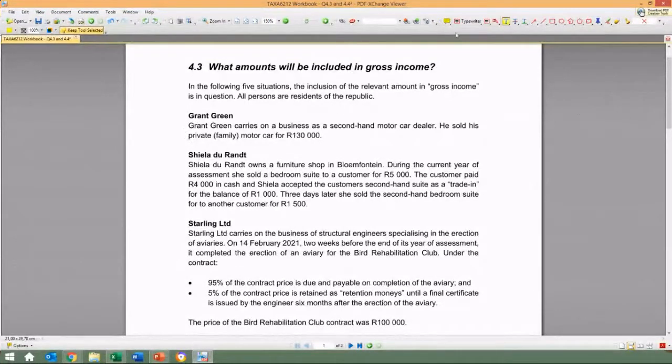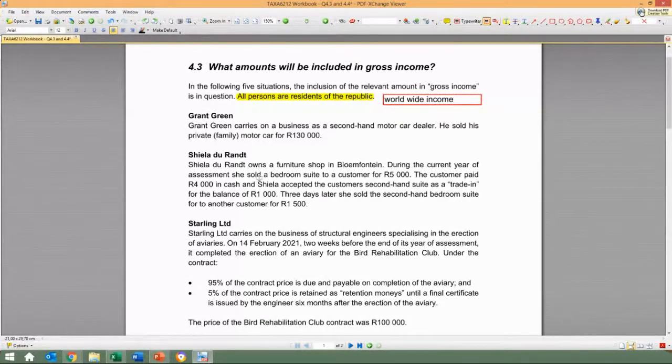Okay, so let's look at the first one. There are 5 situations. They tell you that we want to know if it needs to be included in gross income. All persons are residents of the Republic. So that means we are taxed on worldwide income. It doesn't matter if it's foreign or local income, you will be taxed on both. Then let's look at Grant Green.